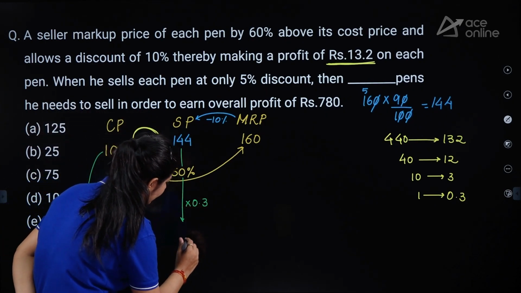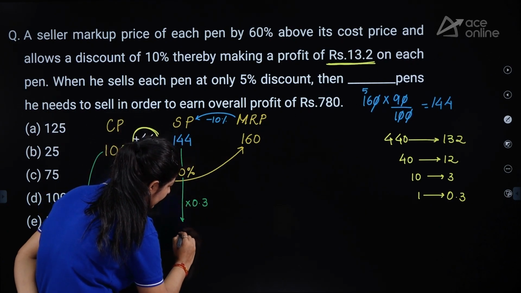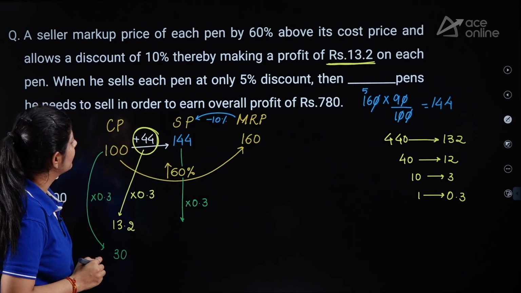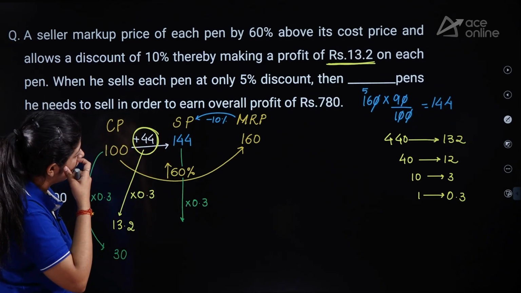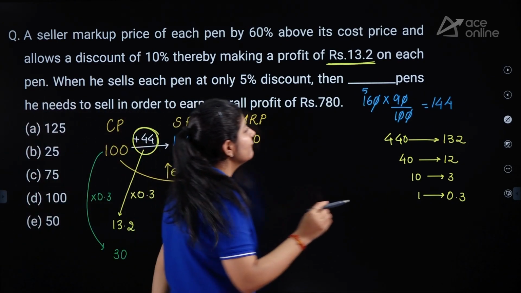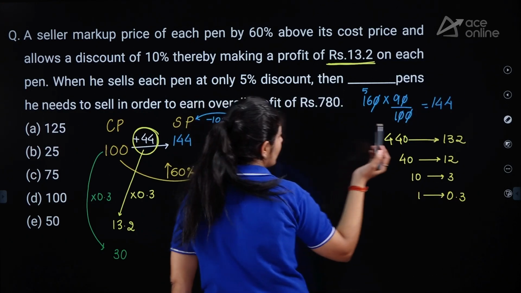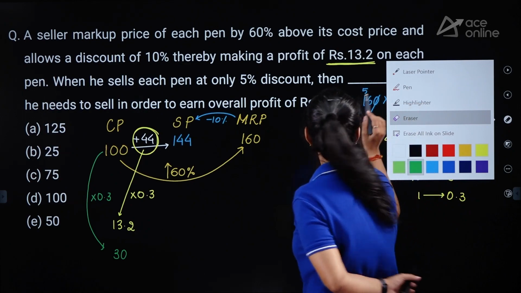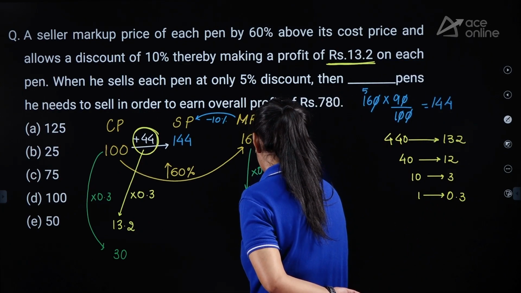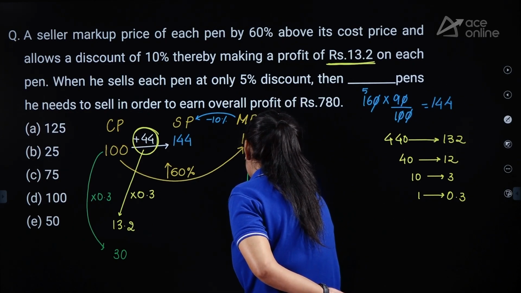Here we don't have to calculate the SP on 0.3, because we need to calculate it after the 5% discount, so there's no point in doing more calculations. When I multiply the MRP by 0.3, I get 48.